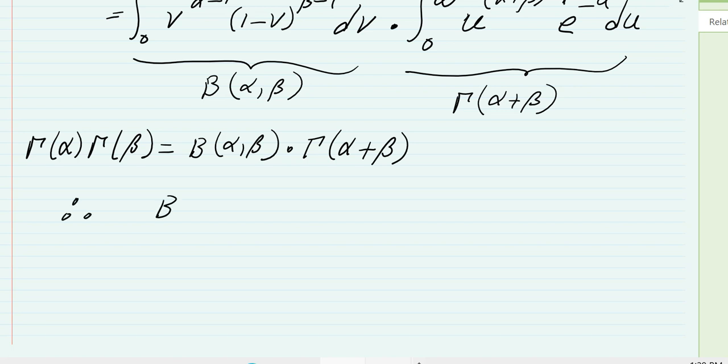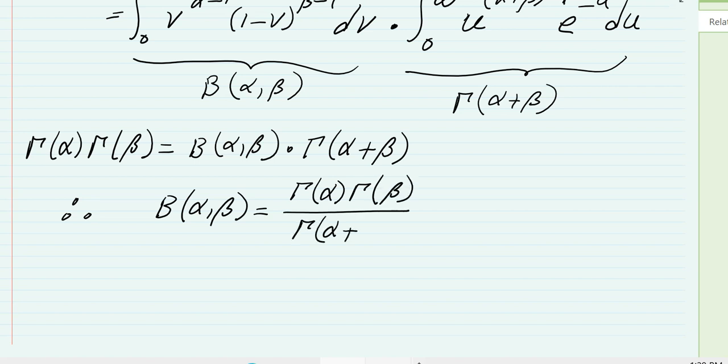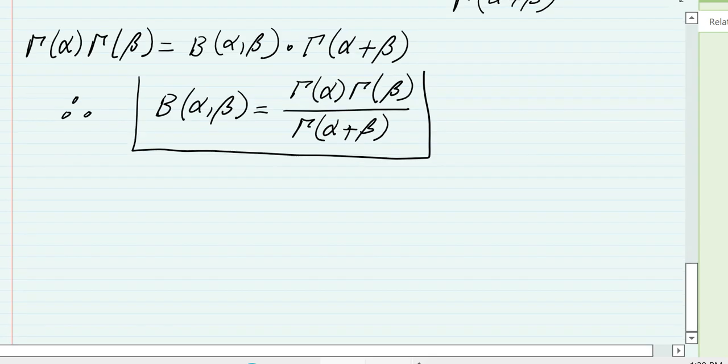Therefore, beta of alpha, beta, divide both sides by gamma of alpha plus beta. That's going to give us the desired relationship that we were looking for, and this is what we want. Okay, so that was the purpose of this video.